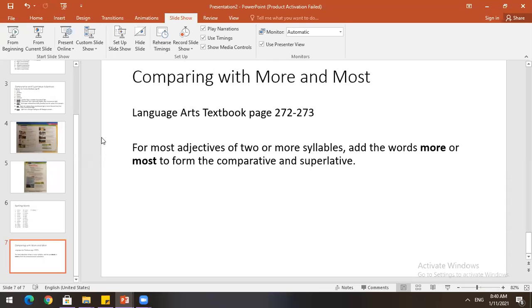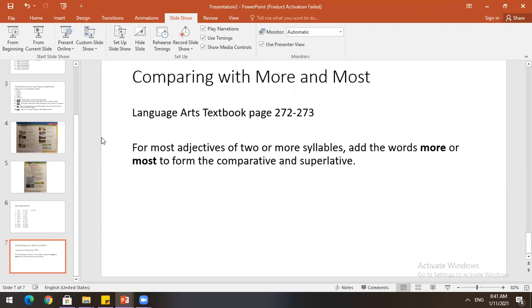But most of the time when we have a word with 2 or more syllables, we add more or most. Think about beautiful, magical, surprising. We cannot write beautifuler or beautifulest. We must add more or most. We can say this scenery is more beautiful than that one, or the ending to the story was the most surprising I've ever read.